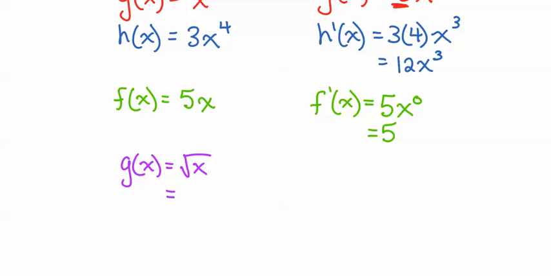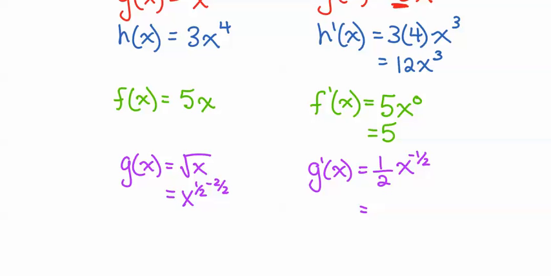Remember, we can turn a square root into a fractional exponent, so that would become x to the power of a half. If we wanted to take the derivative of g of x, so g prime of x, it would end up being half x to the power of, so we're subtracting 1 from a half. If you subtract 1 from a half, you get negative a half. We never want to leave our answers with fractional exponents or negative exponents.